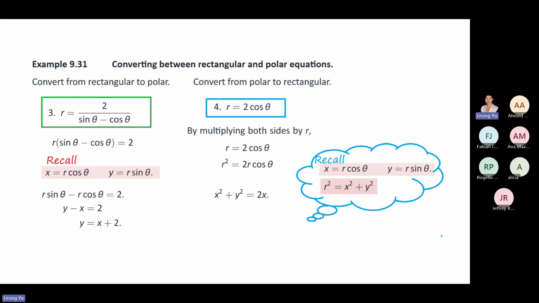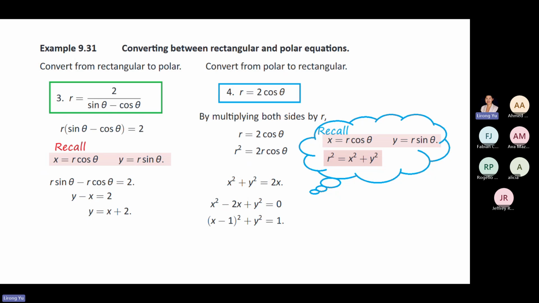All right, so this equation has x squared plus y squared, which represents a circle. So x squared plus y squared equal to 2x is a circle. I think the center is at (1, 0). If you want to convert it to a rectangular equation to identify the center of the circle, you can move the 2x over. x squared minus 2x, plus 1 would make it x minus 1 squared, and then there's an actual 1 on the right side of the equation.